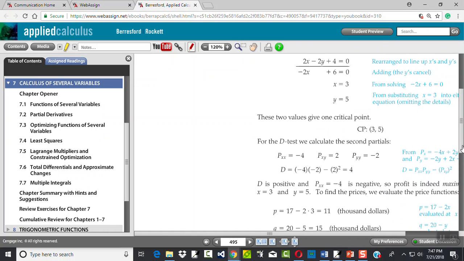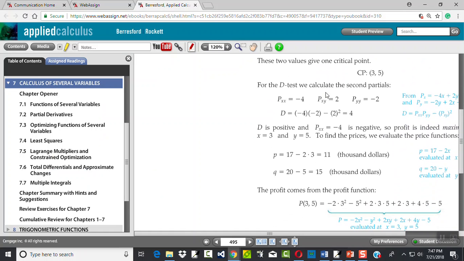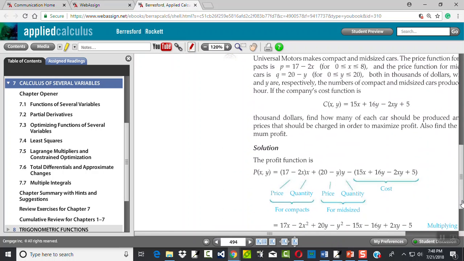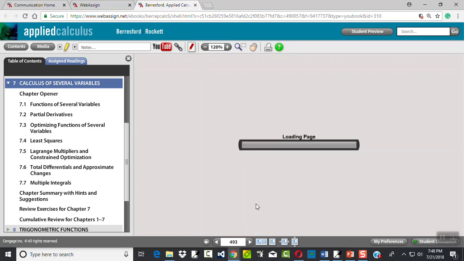Now this is referring to the D-test. So we're going to go over to that, and then we'll come back to this example.